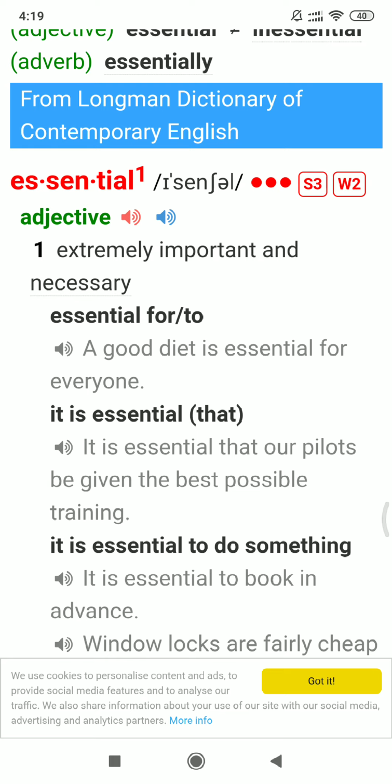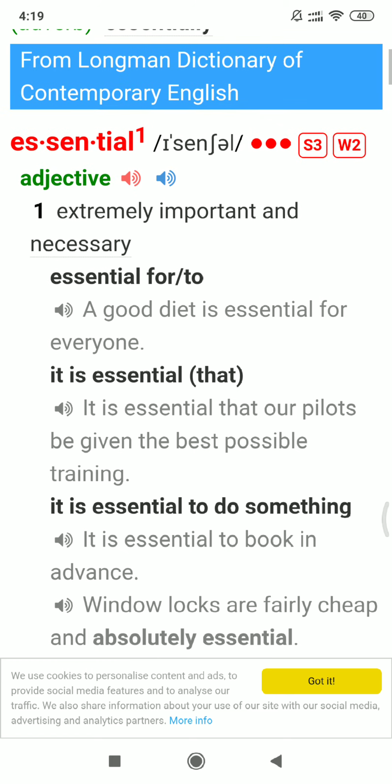And this dictionary also has a good advantage here, which is you can listen to the sentence. So, for example, next to each sentence here, there is a black or a gray speaker. If you press it, "A good diet is essential for everyone."